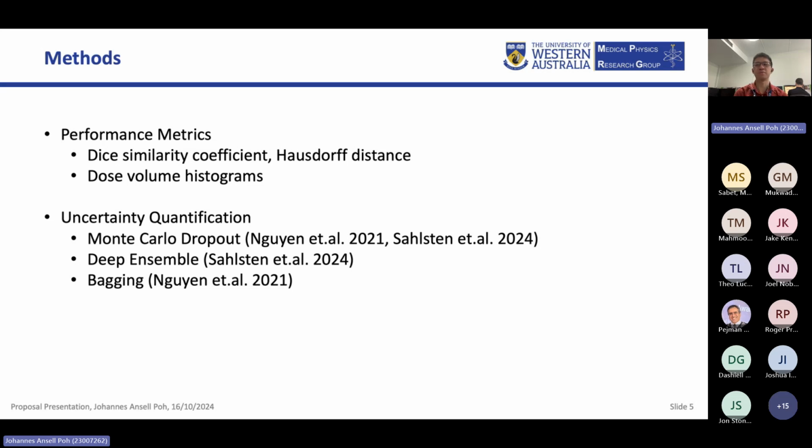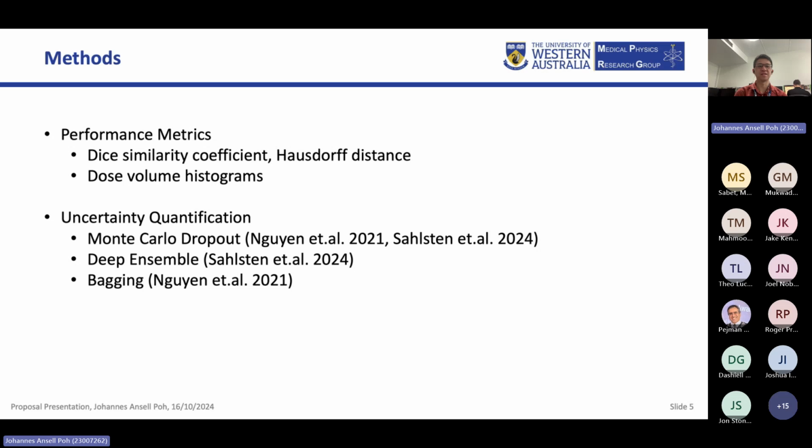Also, we can perform dosimetric comparisons to compare the synthetic CT with the ground truth planning CT using dose volume histograms. Uncertainty quantification is also a very useful thing to do, especially when there's quite a significant consequence of inaccurate predictions.